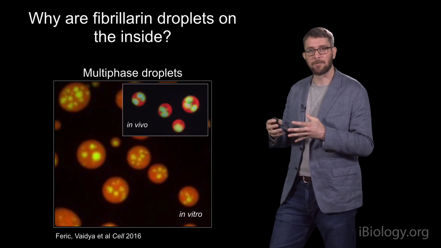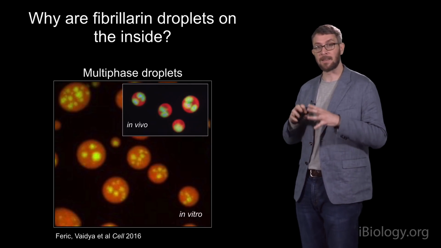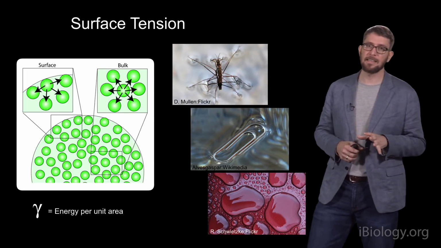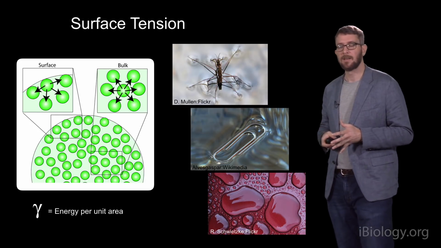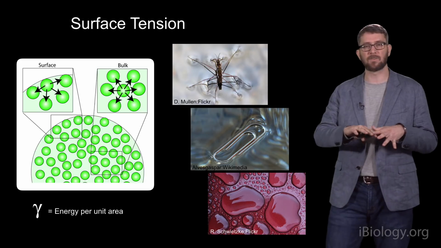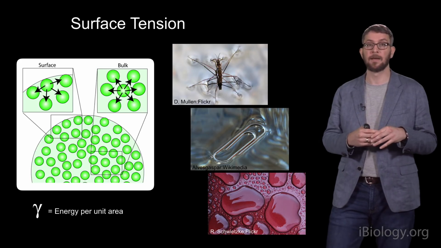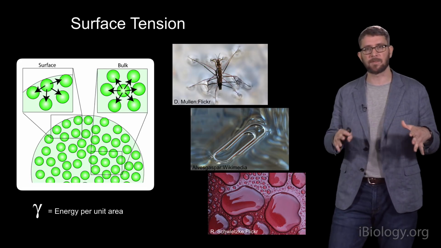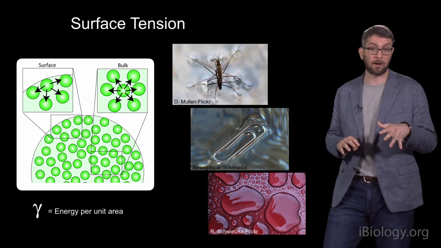So why is it that fibrillarin knows that it's supposed to be on the inside, and nucleophosmin and those components know that they're supposed to be on the outside? Well, it turns out that a key to answering that question comes from surface tension. As the name implies, surface tension is a kind of tension associated with surfaces or interfaces between two different types of phases. In particular, it's an energy cost associated with having an interface, and it has units of energy per unit area.